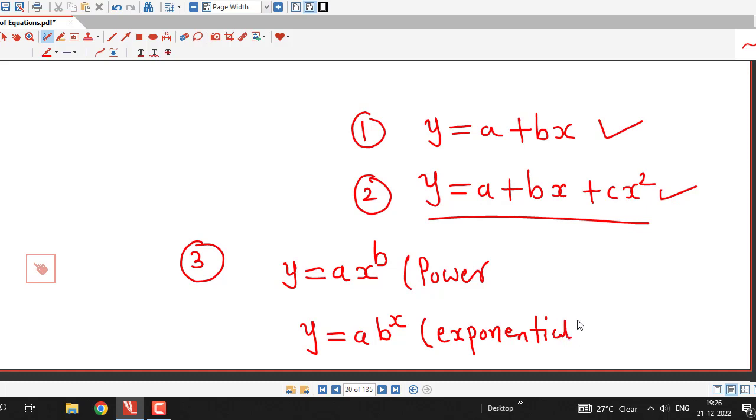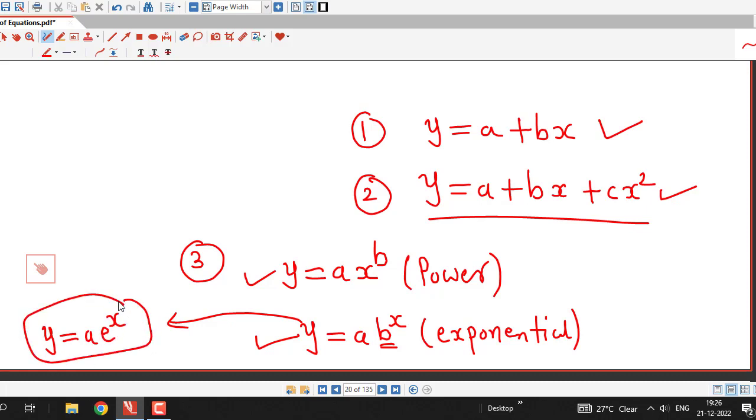So from now onwards we are going to discuss how to fit a power function to the given data and then how to fit an exponential function to the given data. Here if we consider b equal to e, then we have y equal to a times e raised to x. So this is the natural exponential function and this is the generalized exponential function.